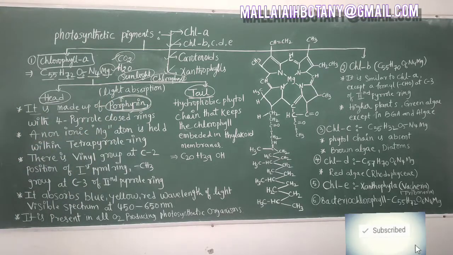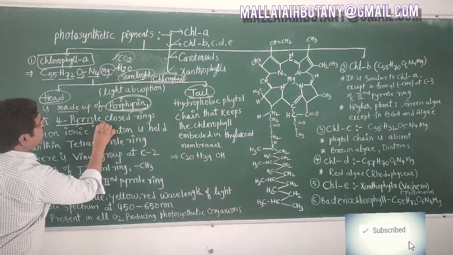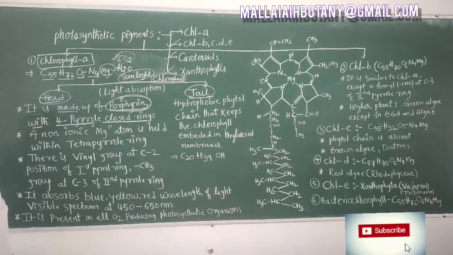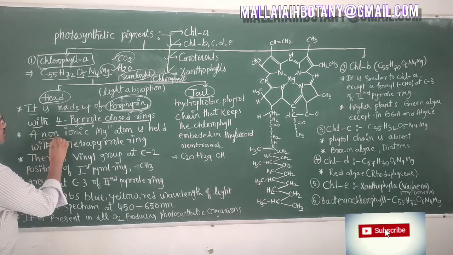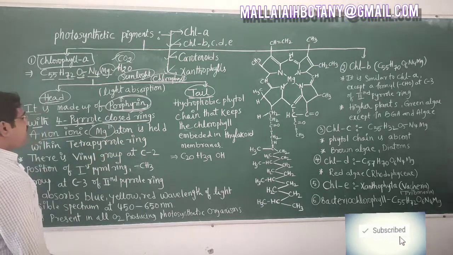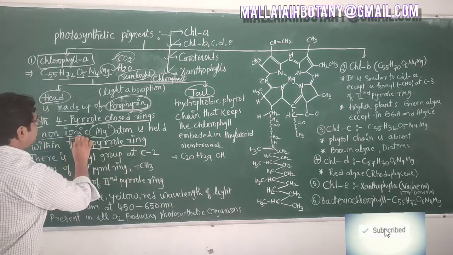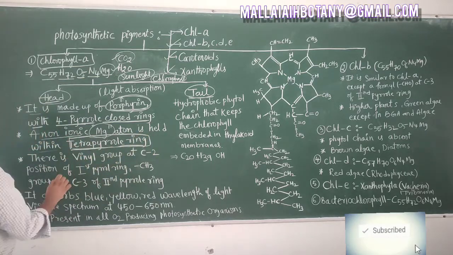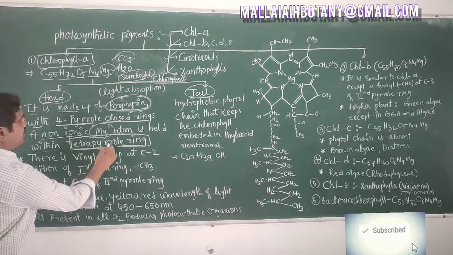The porphyrin ring has 4 pyrrole rings, that is, closed 5-membered rings. Next, a non-ionic magnesium atom is present in chlorophyll A. It is held within the tetrapyrrole ring, connected by the four pyrrole rings.